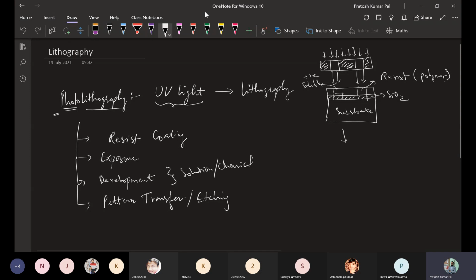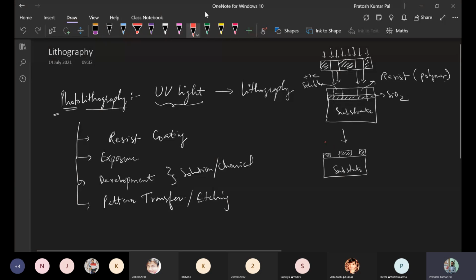After etching, the semiconductor substrate that we obtain is like this: this is the substrate, this is the unexposed part, so it will be hardened, so there will be an oxide, and this is the exposed portion, so the exposed portion will be removed. So after etching, this is the semiconductor surface that we will be obtaining.